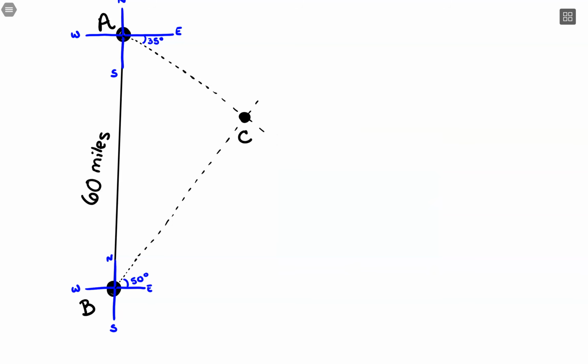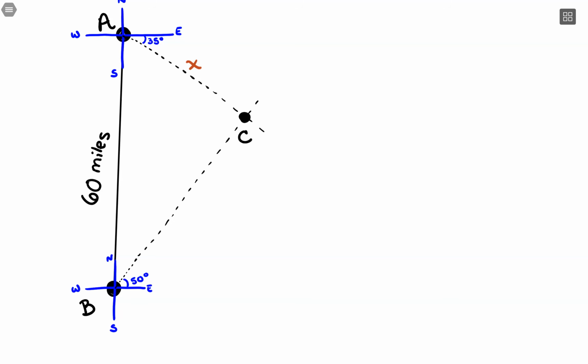All right, so what we want to know is how far is the third ship from ship A? So what I want to find is this distance right here. Now, we made a triangle here, and all we have right now is actually one side length and nothing else technically inside the triangle.